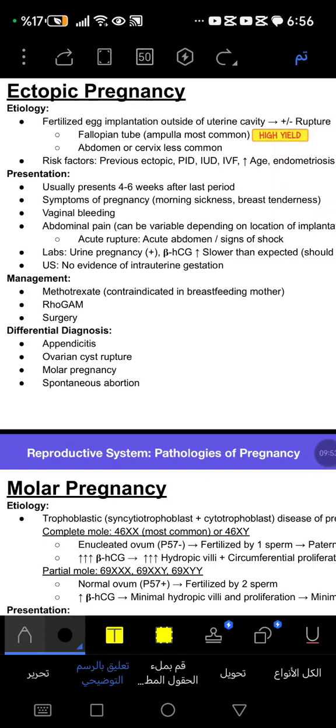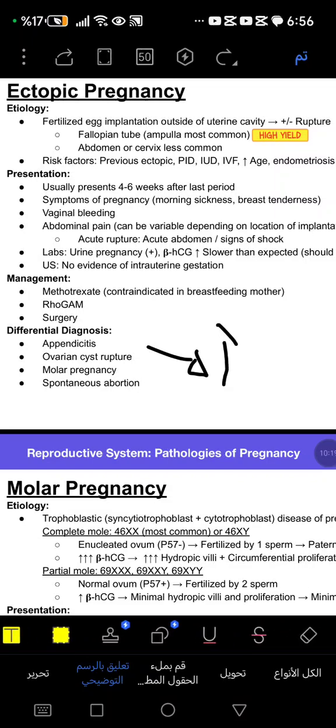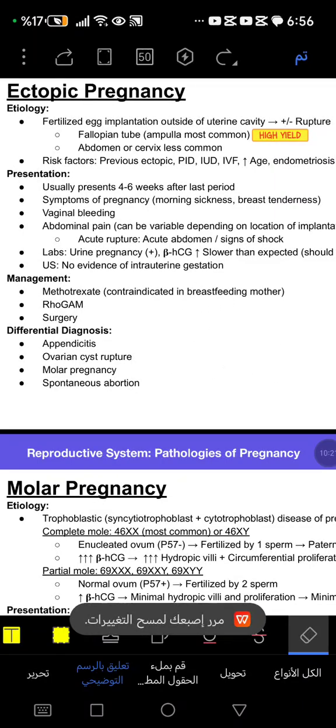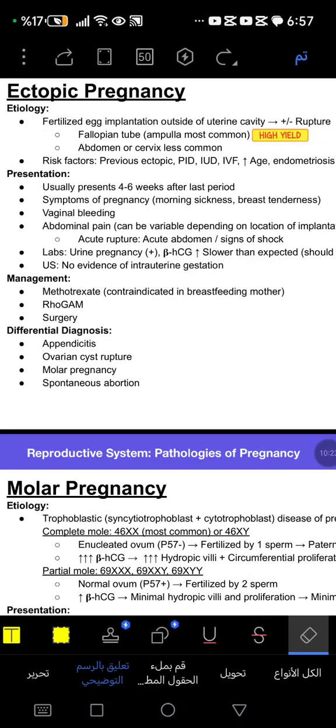The second differential is ovarian cyst rupture. Just like ectopic pregnancy, if an ectopic pregnancy ruptures, on ultrasound you may see free fluid in the pelvic region, the same as with ovarian cysts. But again, ovarian cysts will not cause elevated beta HCG. Molar pregnancy is another differential.